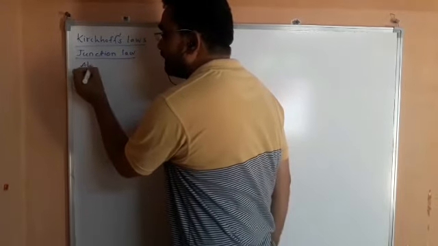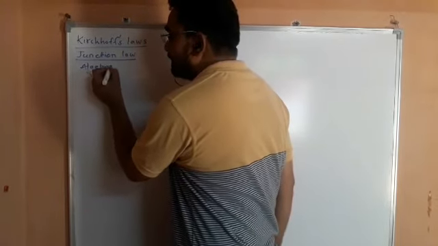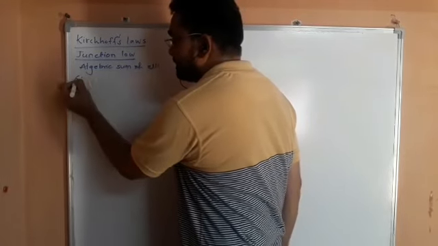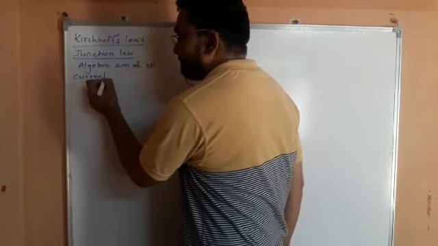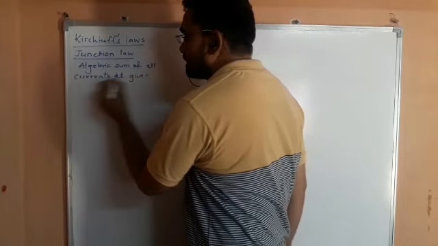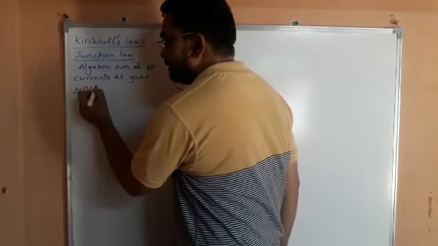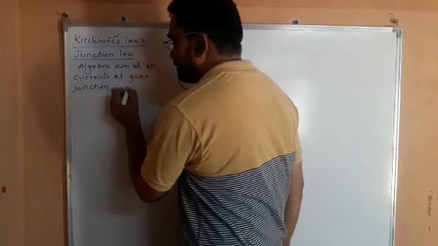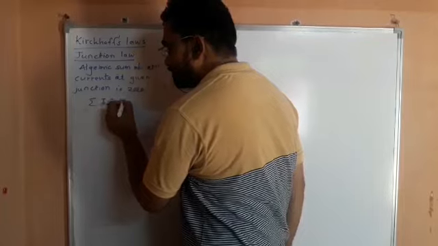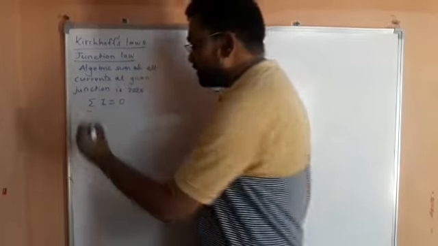And according to the junction law, the statement is: the algebraic sum of all currents at a given junction is 0. Therefore, summation of I equals 0.